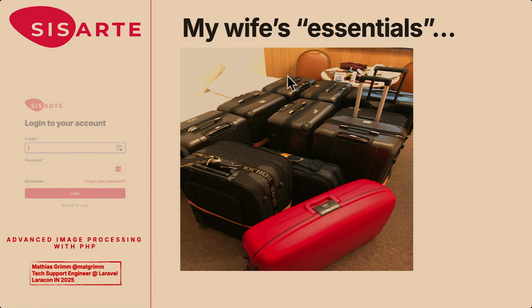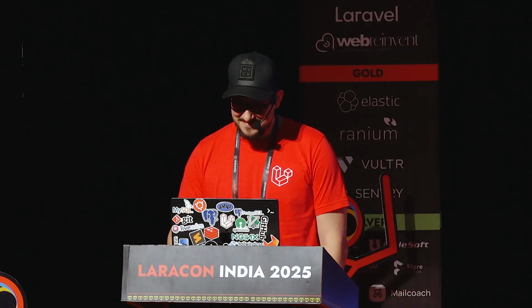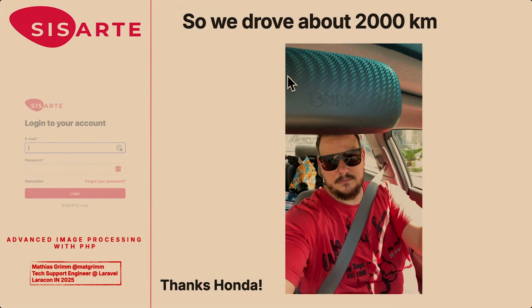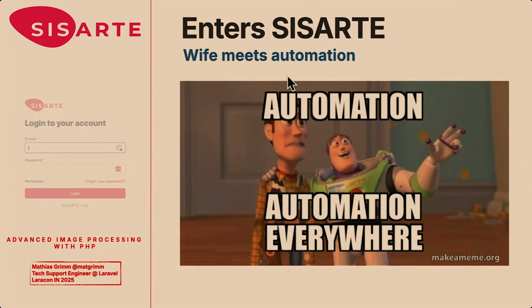And these are my wife's essentials. But actually 50% of it, not everything. So we actually drove about 2,000 kilometers to get to the Airbnb, and thanks Honda for that. And then when we got there, I just started Cisarti, like just automate, connect using APIs and stuff. And so that's how it started.